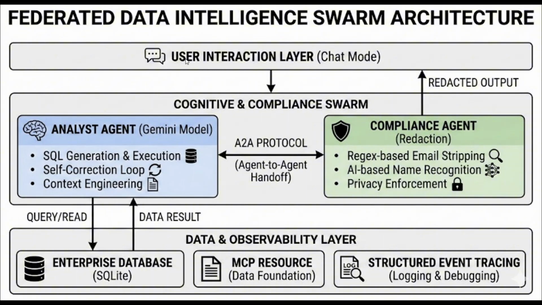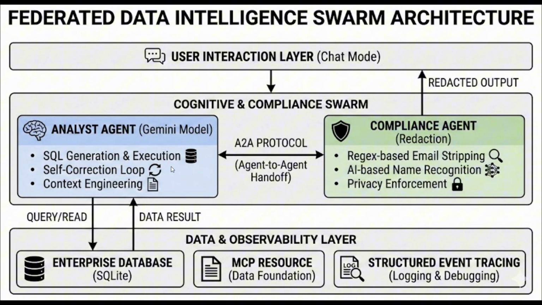Okay, so I already told you this is the interaction layer. Here you will put a question like what's the total sales for the month of January. So the agent will understand your question. It will use the Gemini 2.5 Flash Lite model, and it will generate SQL queries and try to execute them.